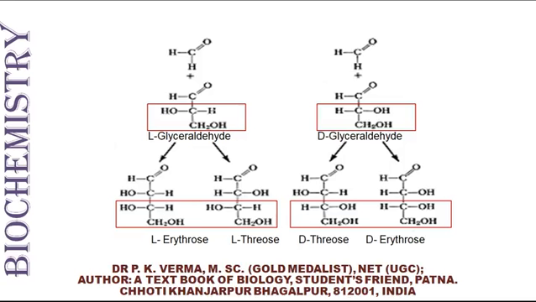Later on from each of the 4, 2 other members will be formed. In this way, by addition of carbon, one can make a family of higher compounds from every isomer of glyceraldehyde.